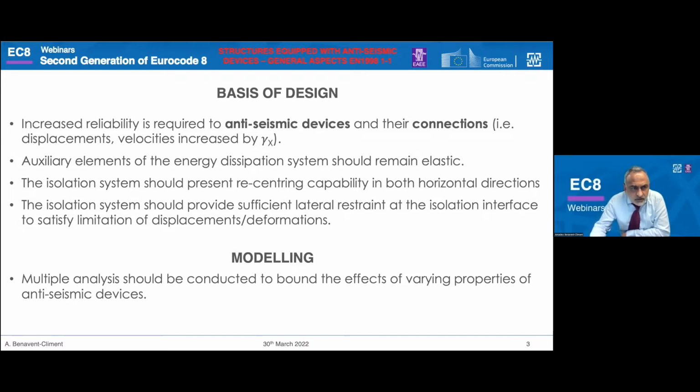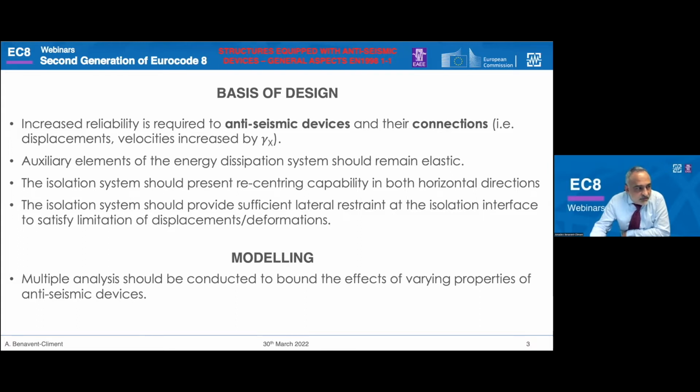Also, an important condition is that all auxiliary elements of the energy dissipation system must remain always elastic. Otherwise, the efficiency of the energy dissipation devices would be jeopardized.